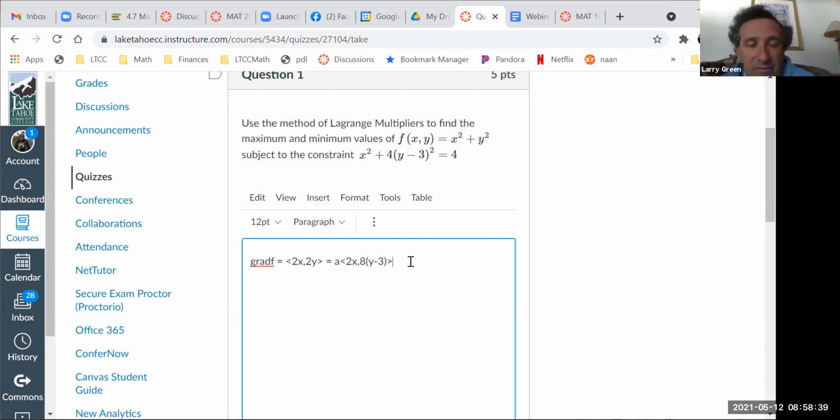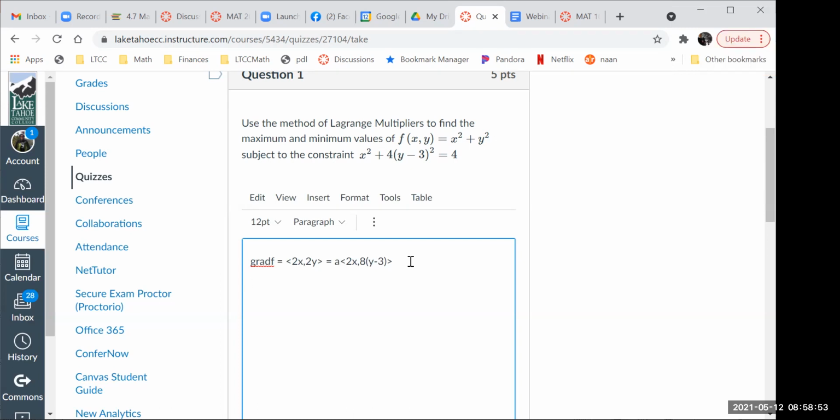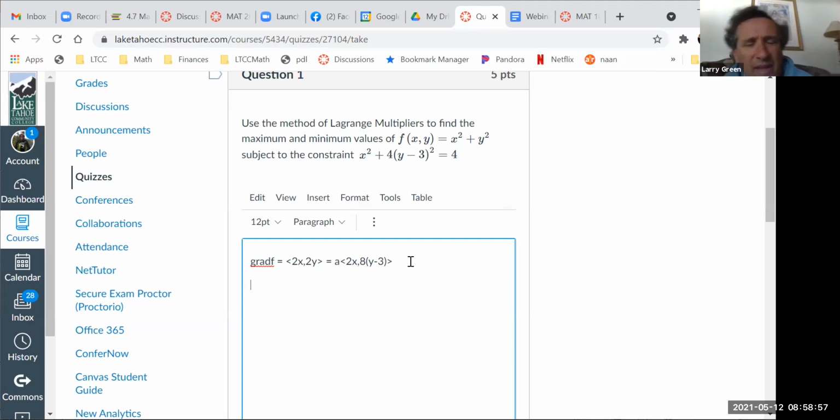Okay, what do I do next? Set the constraint equal to 0? I don't know if that's necessary. Actually, we already did that. I did that in my head and took a derivative, and the 4 goes away anyway. Yeah, we set each component equal to each other. So we have 2x is equal to 2ax.